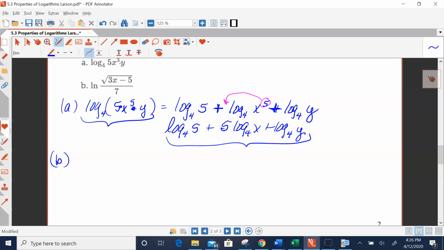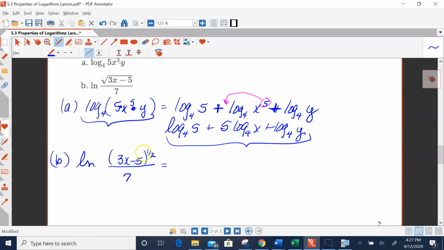Let's look at the second one. Got an ln, 7 at the bottom, and I've got a 3x minus 5 that's under a square root, and here's where we have to remember the exponent equivalent of a square root. That's a 1/2. So when I see roots and radicals, I need to convert those roots and radicals to exponents. Now let's work on expanding this into multiple logarithms.